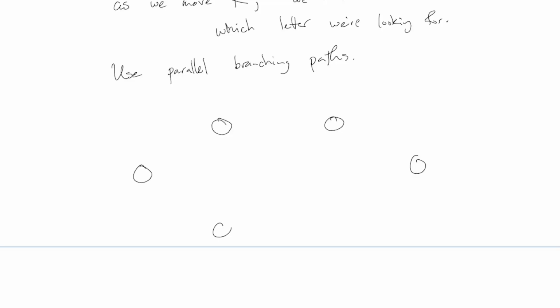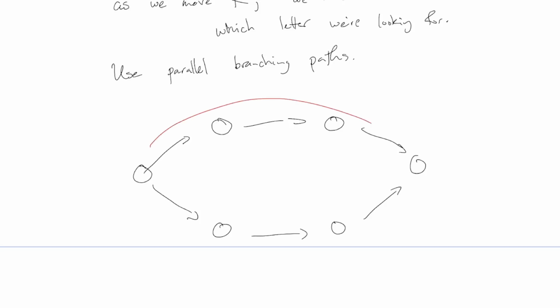It's going to be like this. I have two ways through the machine. There's that way across the top and this way across the bottom. And basically, across the top means that the first letter was an A. This way means the first letter was a B.